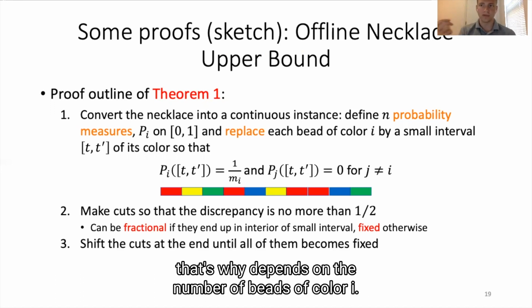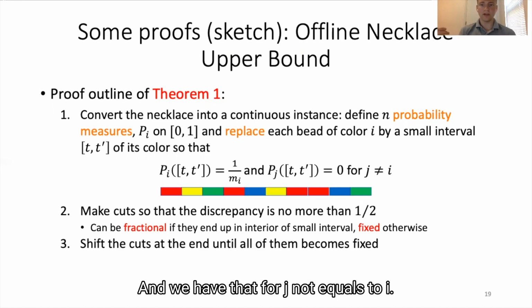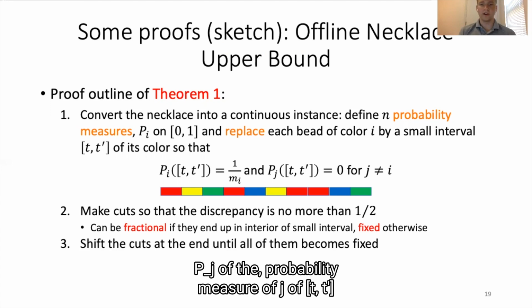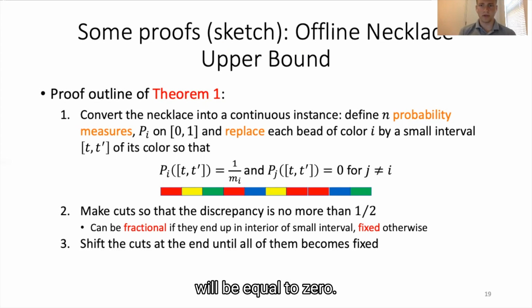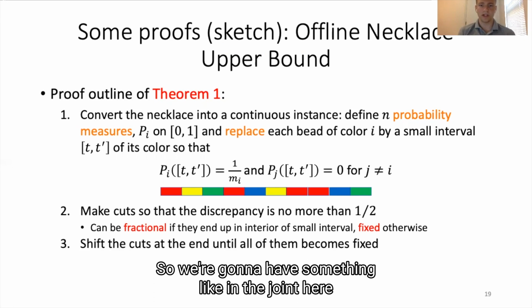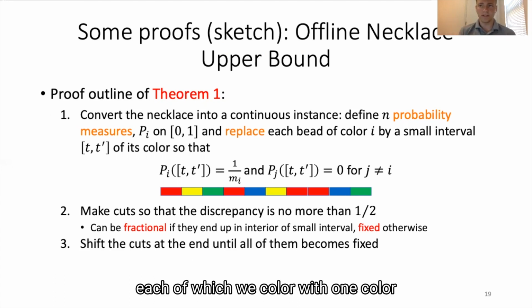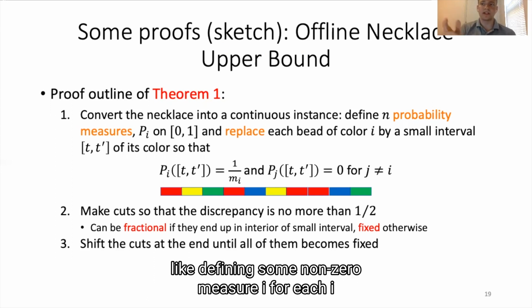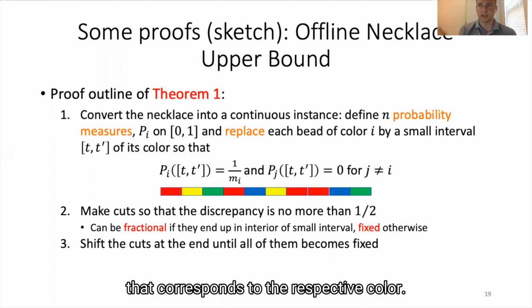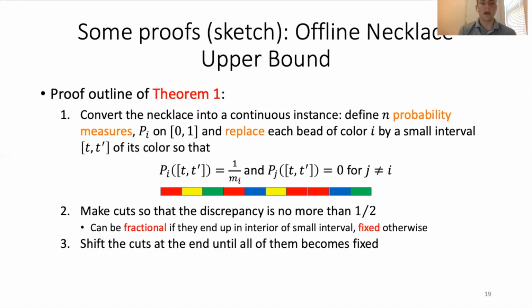That's why it depends on the number of beads of color I. And we have that for j not equal to I, pj, the probability measure of j of t prime, will be equal to 0. So we're going to have something like in the drawing here, where let's say we have a bunch of small intervals, each of which we color with one color, which corresponds to kind of like defining some non-zero measure I for each I that corresponds to the respective color.